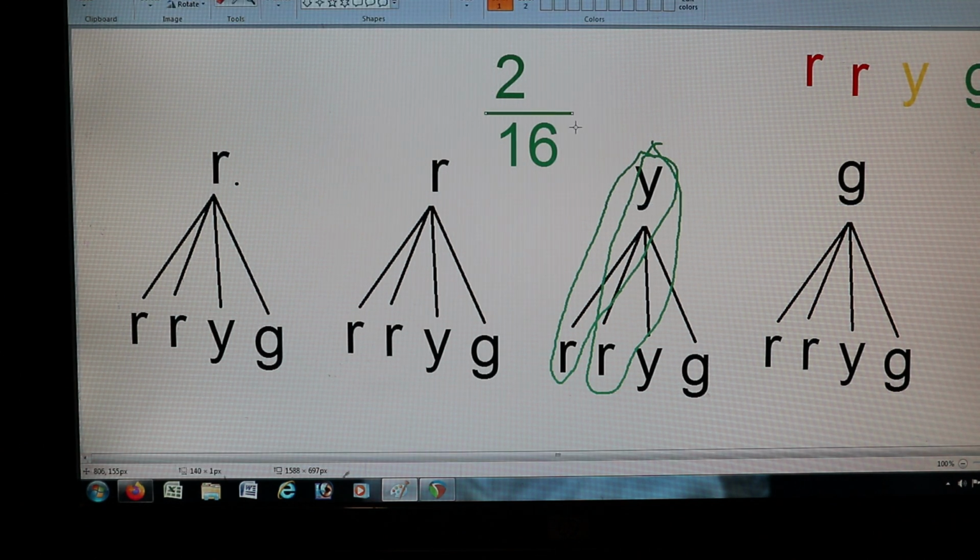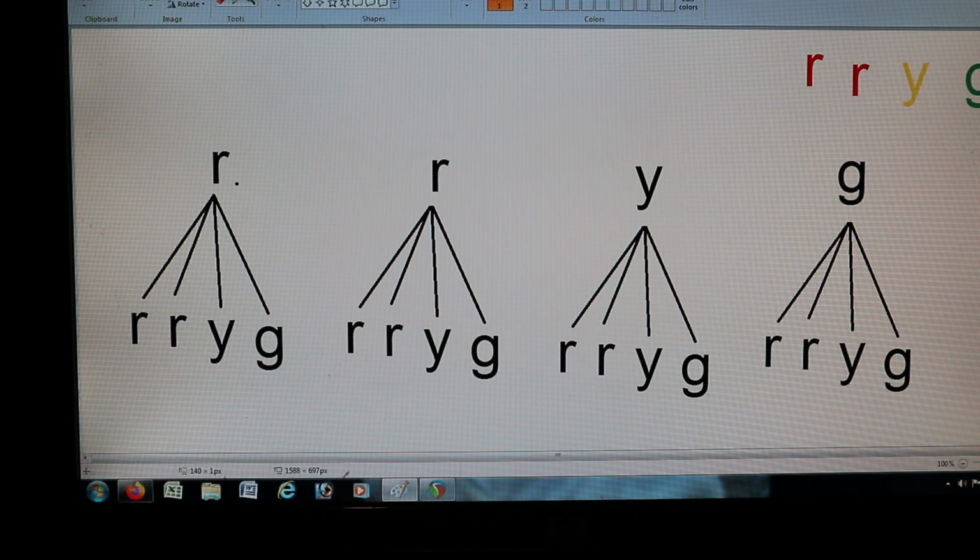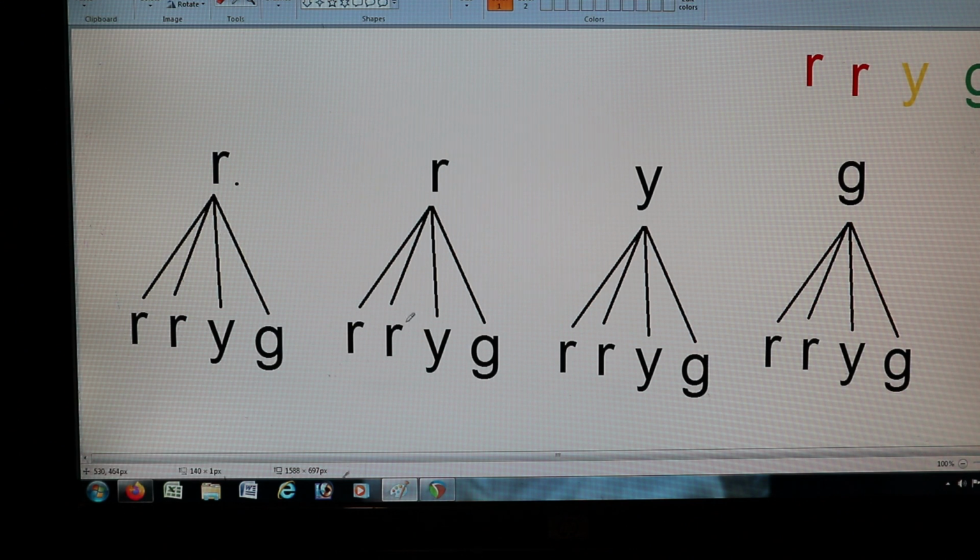Now, what if I asked you, what are the chances of drawing a yellow and a green? All right, no particular order, yellow and green. So what we would have to do is find all the branches that would have both yellow and green in them in no particular order. So for example, here's one, yellow and green. That would match.